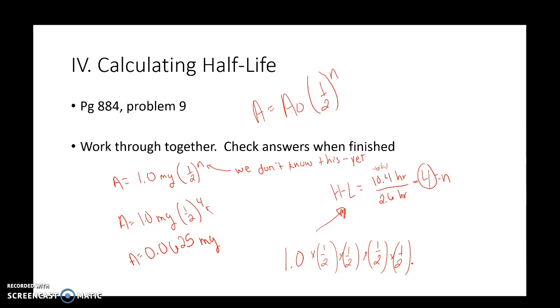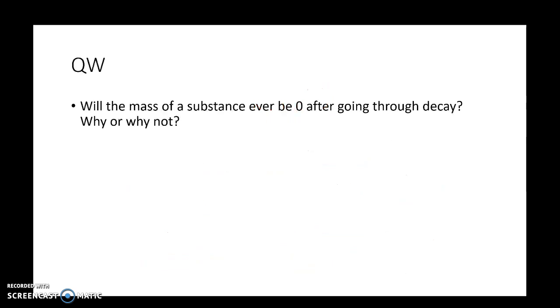Now that's going to become a pain if, for example, you have 26 half-lives. So it is best to figure out how to plug this into your calculator, but if you do need to check your answer, maybe you're just a little unsure still, you can do it this way also. But either way, you should get 0.0625 milligrams.